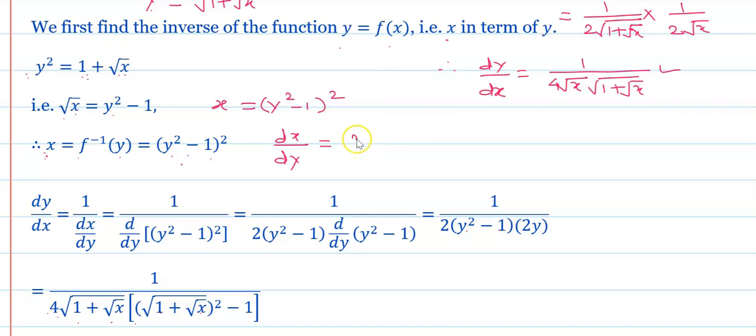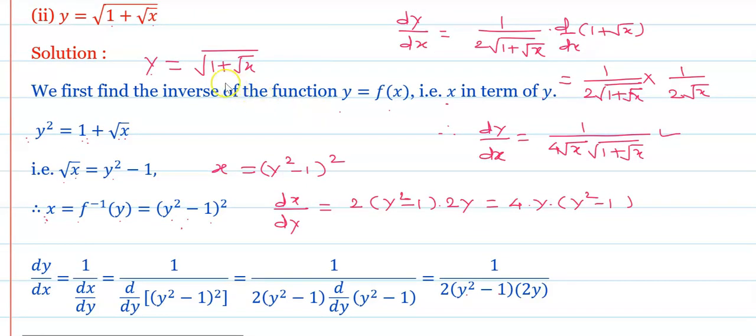Power function, that is 2 times in bracket y square minus 1, okay, into derivative of y square minus 1, and that is 2y. 2 into 2, you will get here 4y in bracket y square minus 1. But what about the y? What is the y? y is root of 1 plus root x.